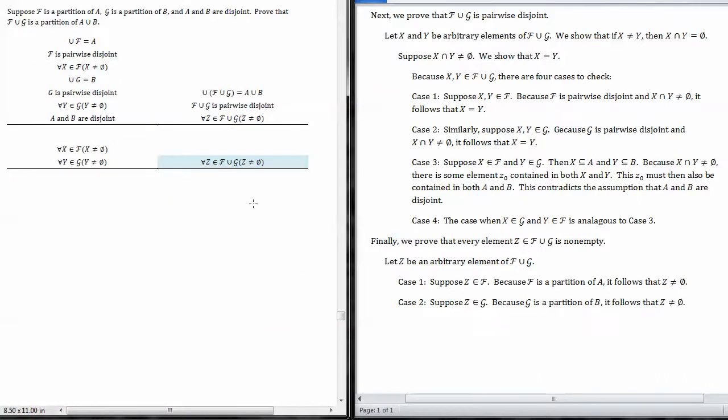All right, and then finally we had our last goal that every element of this family is non-empty, and this is going to be pretty easy. So let z be an arbitrary element of the union of the families, show it's non-empty.